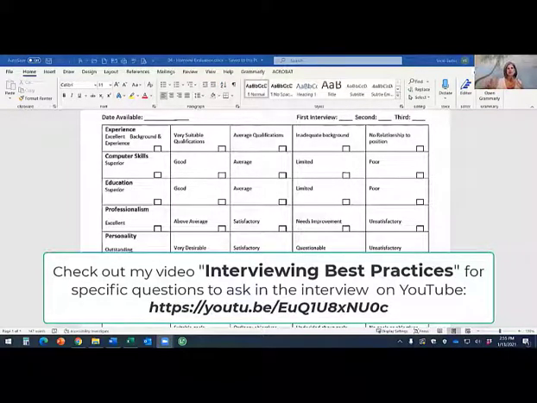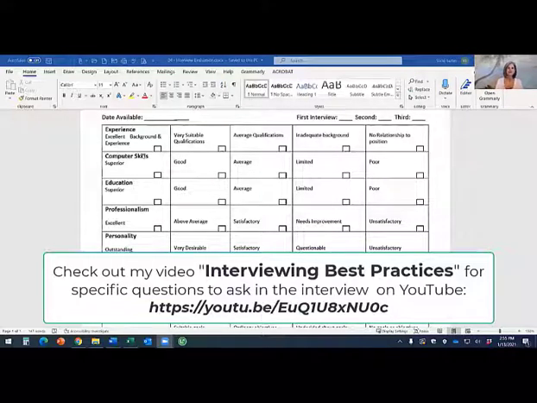However you evaluated their responses to those questions is what would fall into evaluating these first few categories. In today's day and age, computer skills, in terms of knowing certain software to be able to do certain jobs, is critically important. So that's why that's on there.